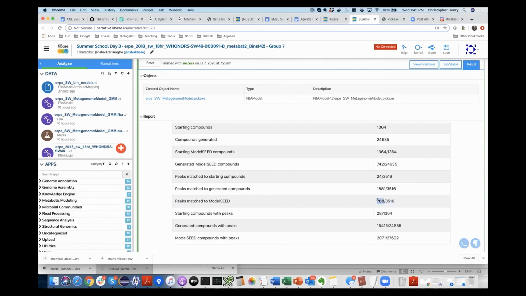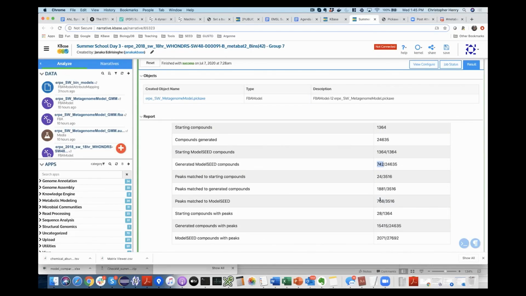So that's dark matter. The 768 isn't the dark matter, but everything else. We only generated 742 ModelSEED compounds. So there are other ModelSEED compounds that we didn't generate, but they are in the ModelSEED.